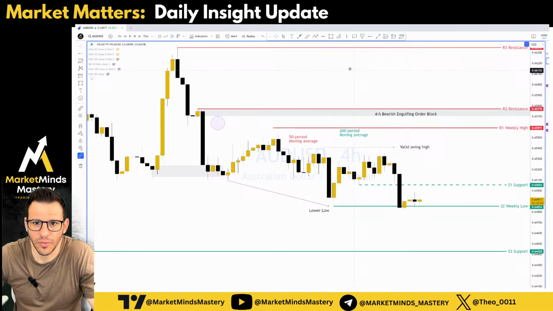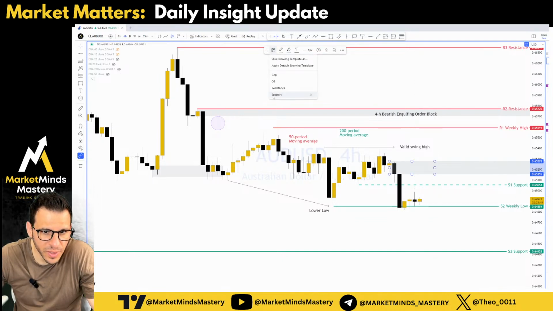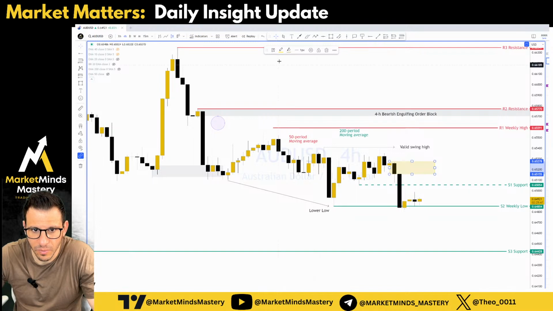Now, as for trading opportunities, I would rather see the price entering this area of resistance. Okay, that's the color.